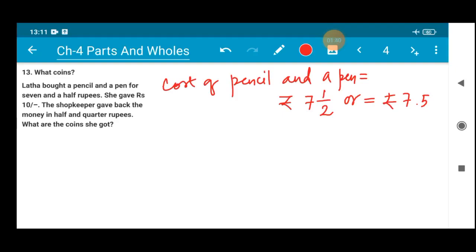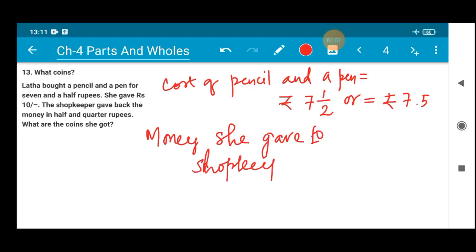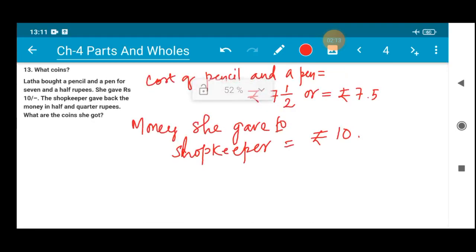Now she gave rupees 10 to the shopkeeper. Money she gave to shopkeeper is equal to rupees 10. If she is giving rupees 10, you know that you have dealt with this kind of situation. Whenever you are giving some extra amount to the shopkeeper, of course they will give some extra money back. Now 7.5 was the cost and she gave rupees 10. Now what amount is the shopkeeper giving back?